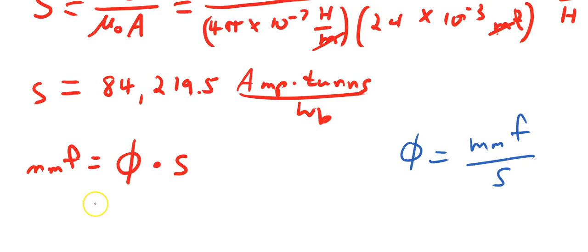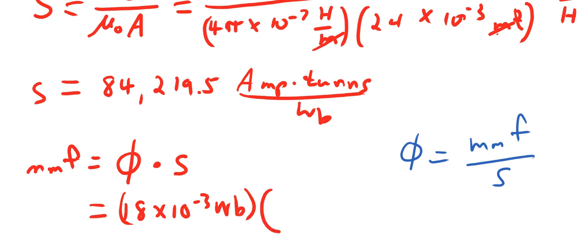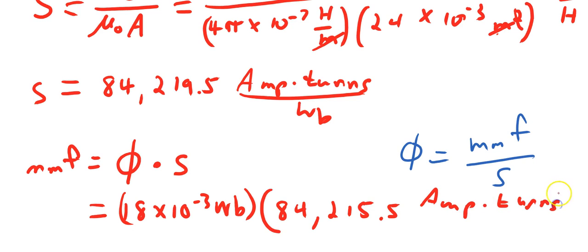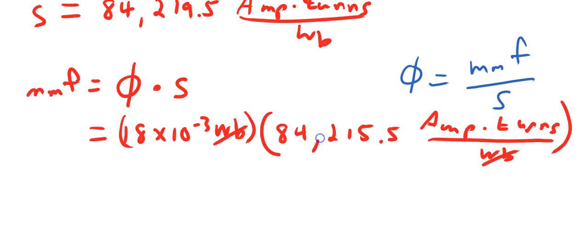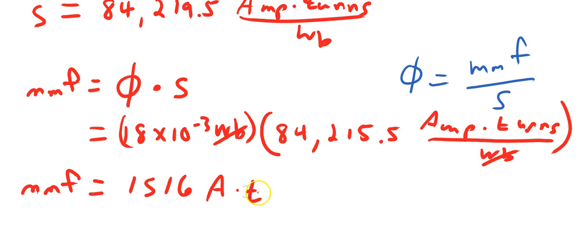So we should be able to say then that the required flux of 18 milliwebers, which is 18 times 10 to the negative 3 Webers, we multiply that by our reluctance, 84,219.5 amp turns per Weber, and then we have calculated an MMF of 1516, and the unit is amp turns, or it's simply AT.